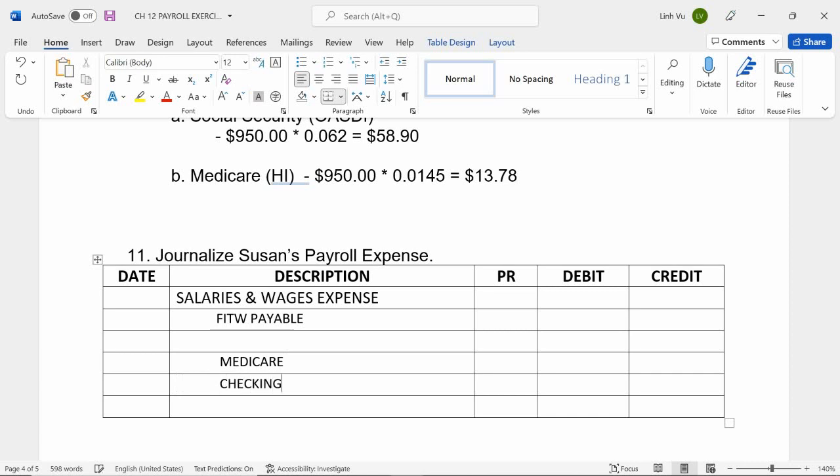Social Security. Unemployment? No, that's not an employee's responsibility to pay. Medicare and Social Security. Good.